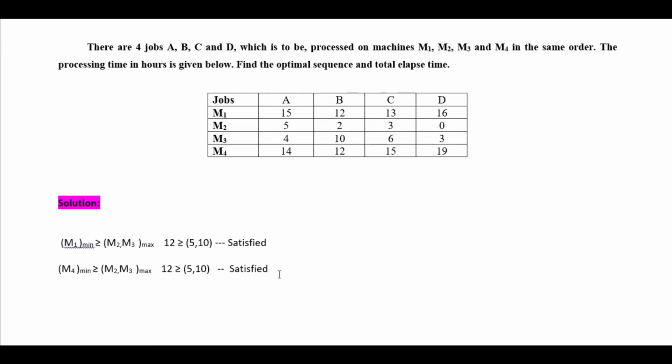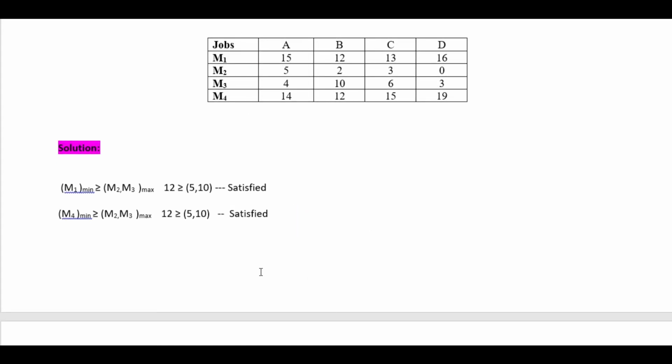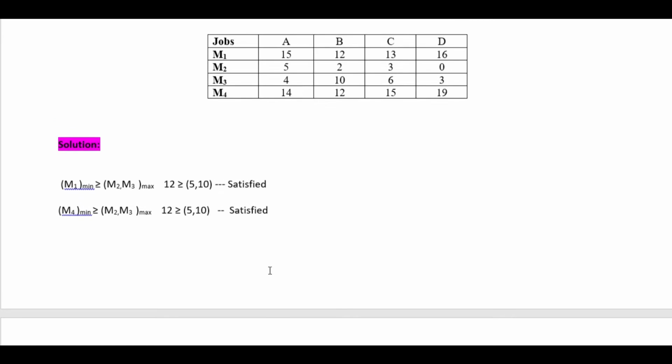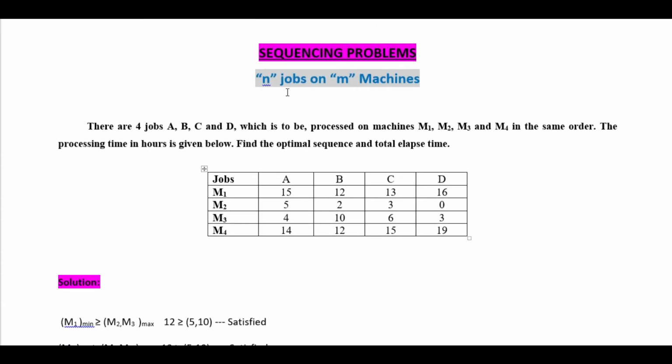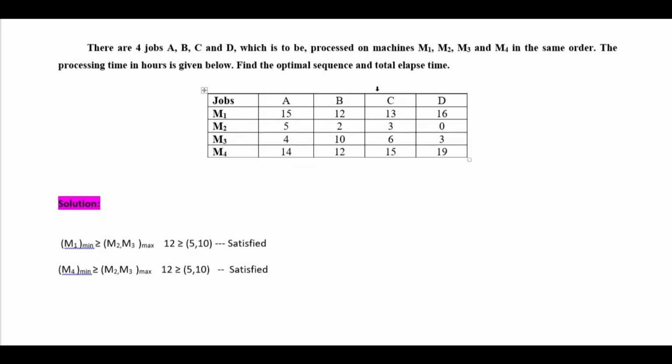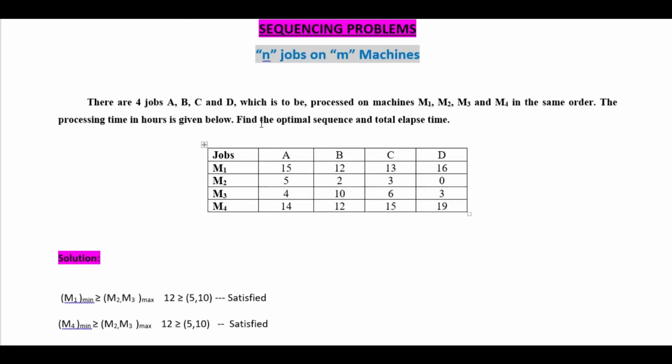Now we have to convert this m machine problem into a 2 machine problem. Here there are 4 machines, so we are going to convert this problem into a 2 machine problem. Let's see how. I am going to assume two hypothetical machines, as in the last problem, the n jobs on 3 machines problem, which I posted in the previous video.